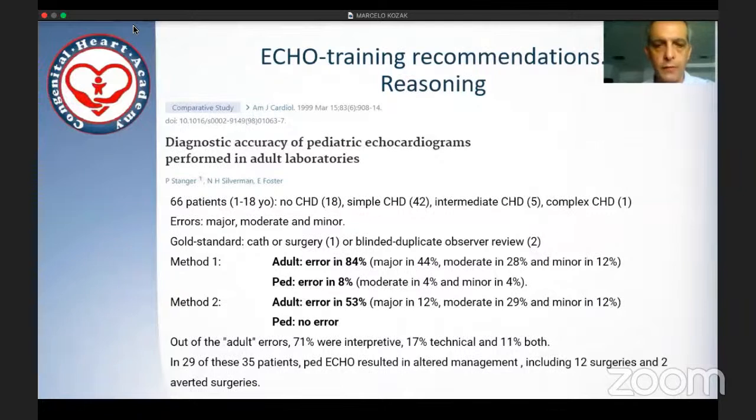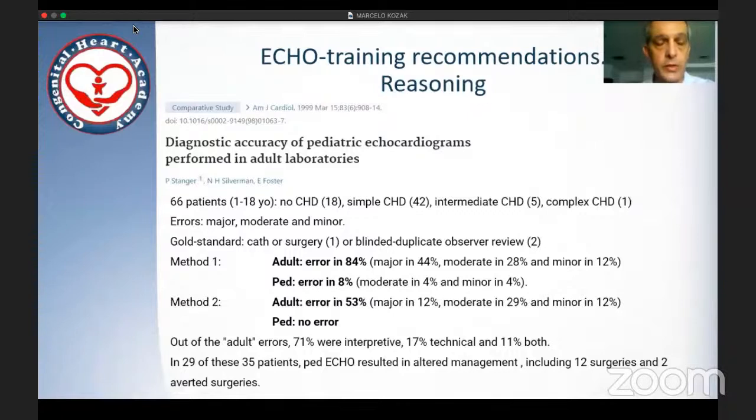Many of these patients have their management altered, some going to surgeries, and some having averted surgeries, and this happens every day in Brazil, because we don't have a specific board exam for pediatric echocardiographers.